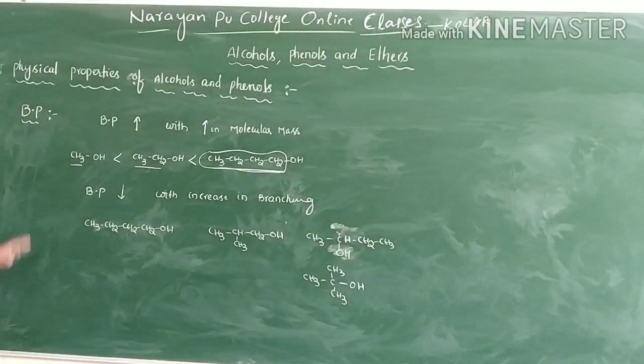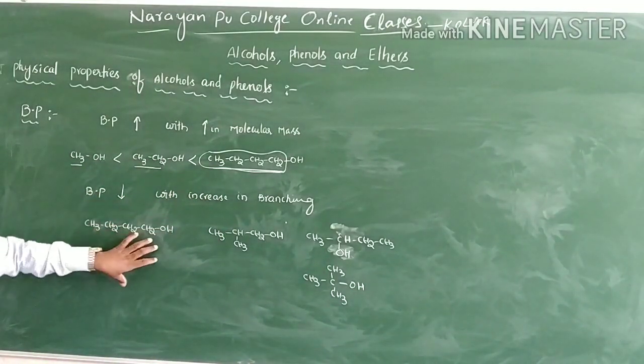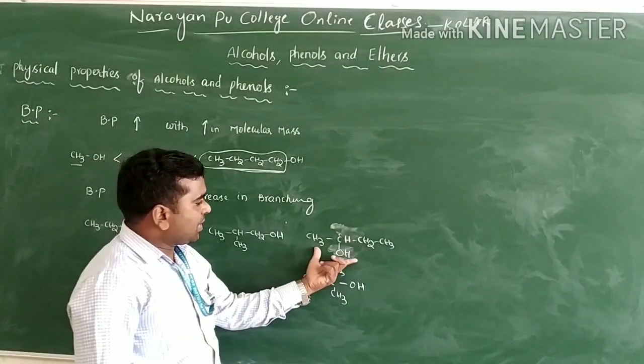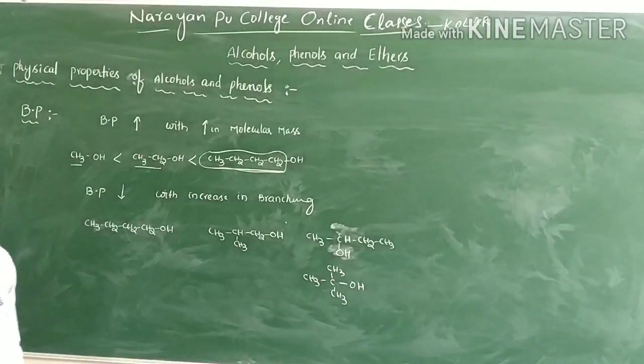See the compounds here. One is n-butyl alcohol, isobutyl alcohol, secondary butyl alcohol, tertiary butyl alcohol.